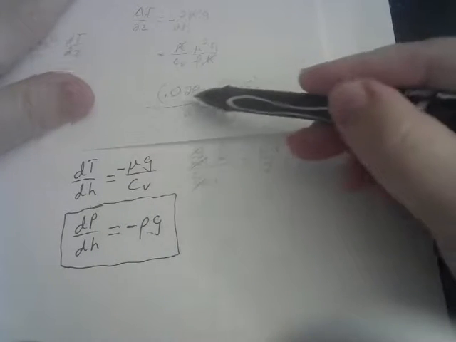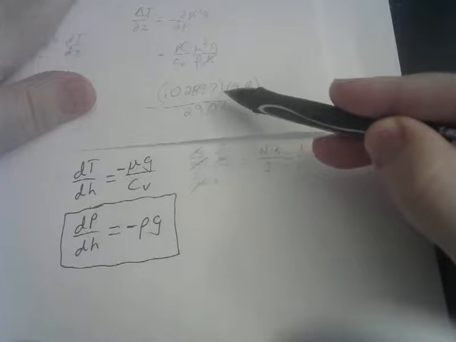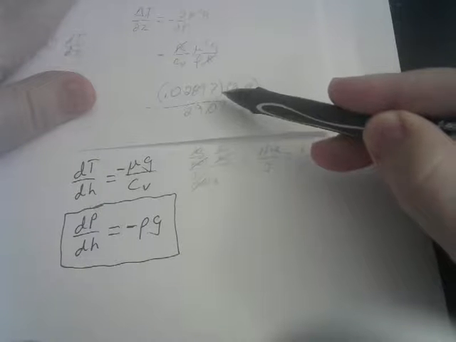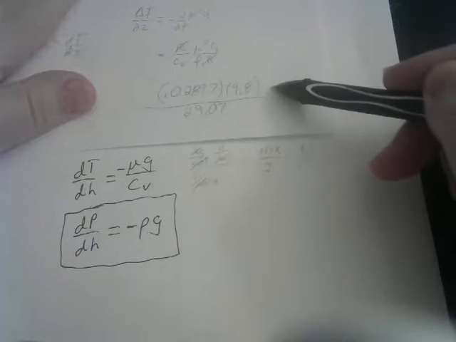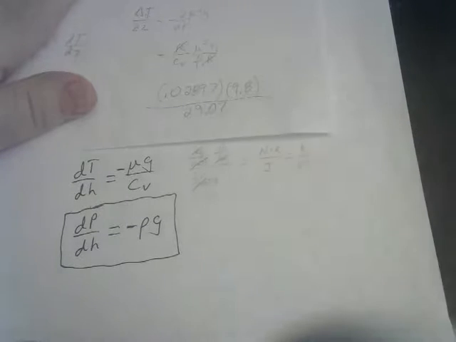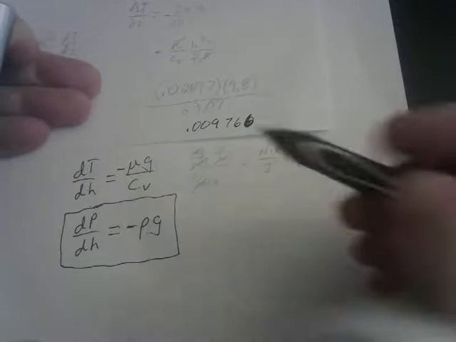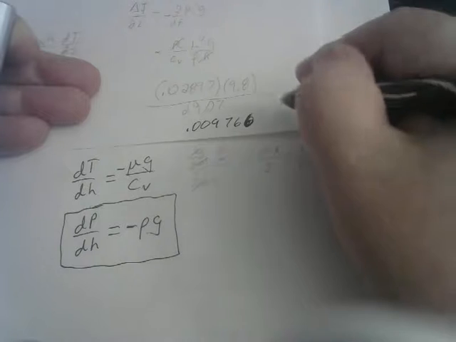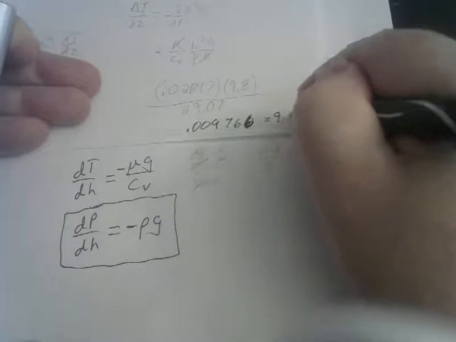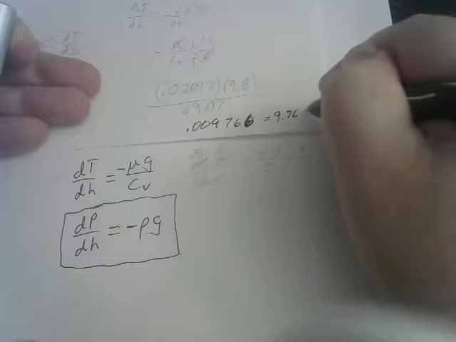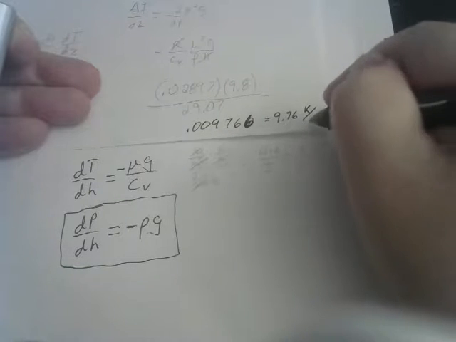Mu is 0.02987 kilograms per mole for air. g is 9.8. The specific heat at constant volume for air is 29.07. This comes out to be 0.009766. One might write this as 9.76 Kelvin per kilometer.